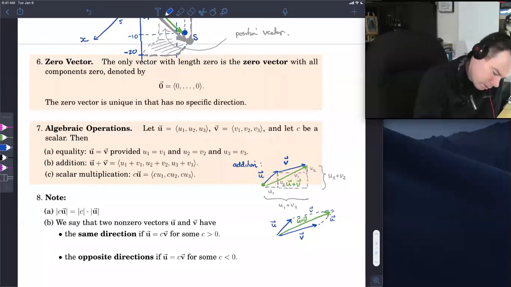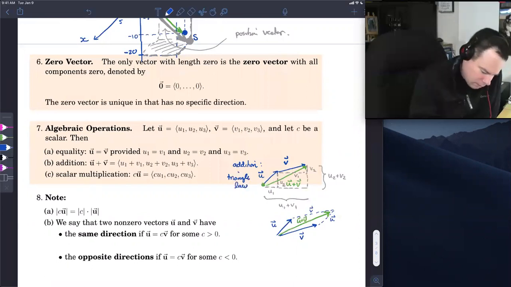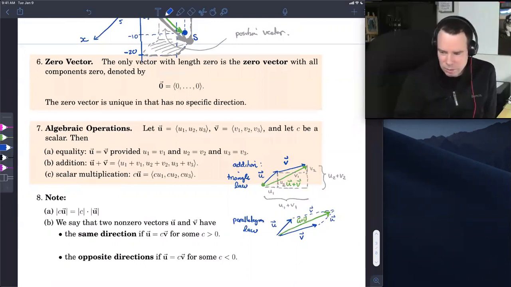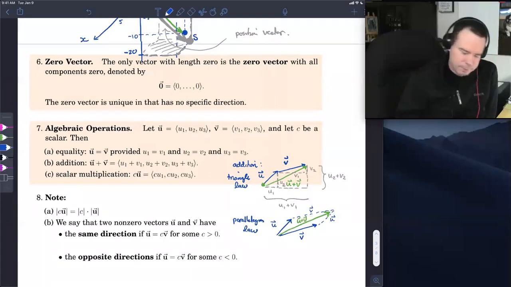We call the first one the triangle law, and this next one the parallelogram law. Both of those are used to represent the sum of two vectors. So this is often used as, oh, I want to take the sum. Okay, by the parallelogram law, this is what it looks like as a picture. You've got your parallelogram with the two sides as u and v, and then the sum across the diagonal.